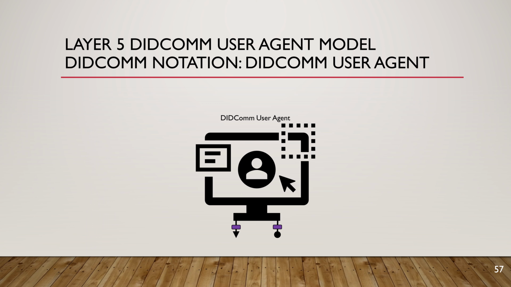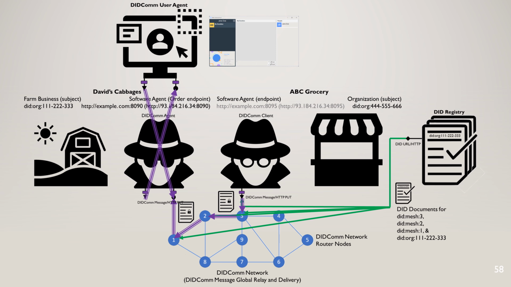In terms of DIDComm notation, a DIDComm user agent uses this graphical element. And here we see that DIDComm user agent notation being added to our architecture reference model. So this is the layer 5 DIDComm agent architecture reference model.